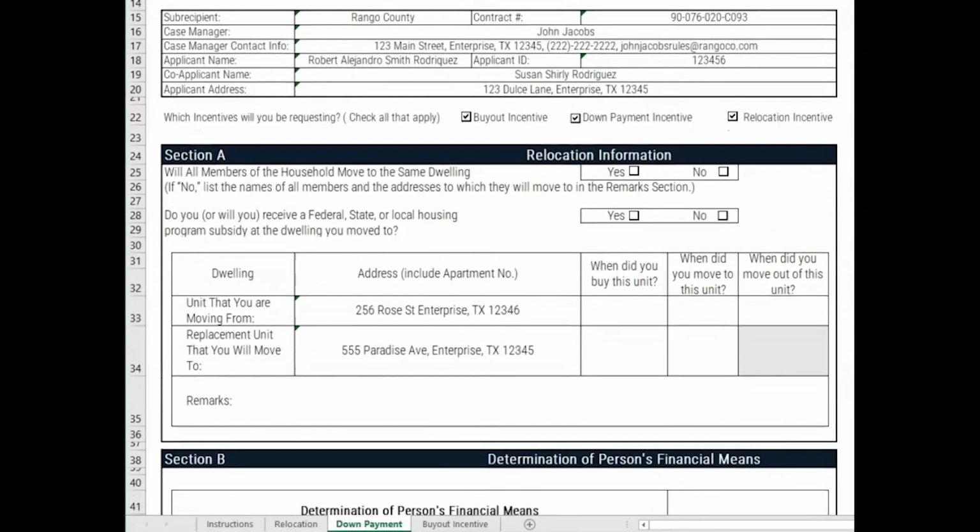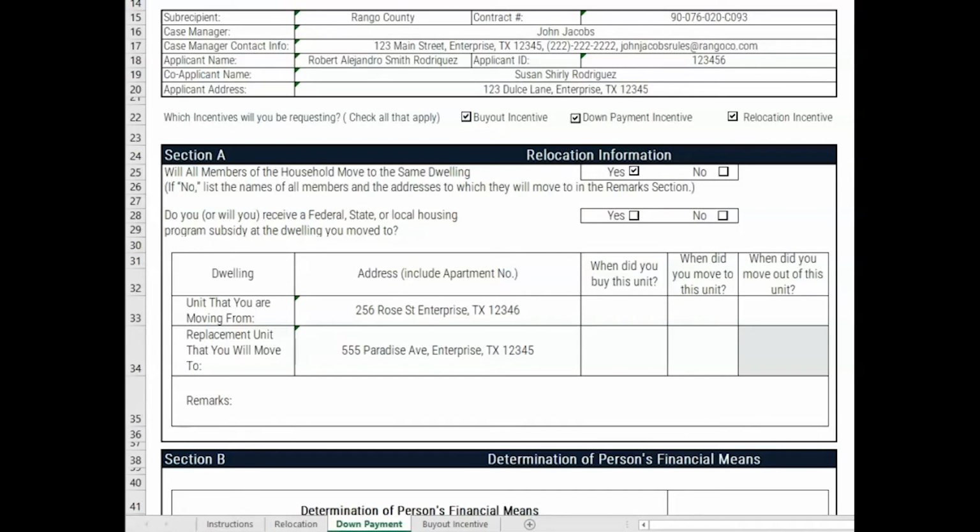Down Payment Assistance Sheet, Section A. In Section A of this document, applicants should input their relocation information. In the first row, the applicant should check off whether yes, all applicants will or have moved to the same dwelling, or no, household members will move to separate dwellings.